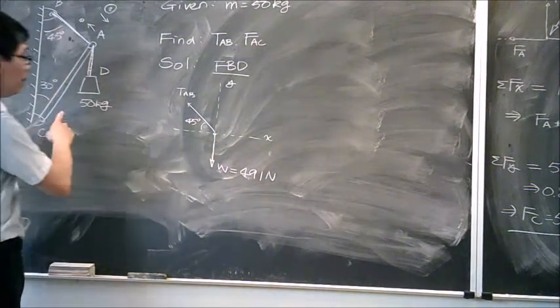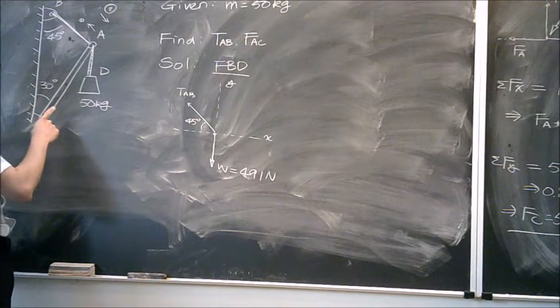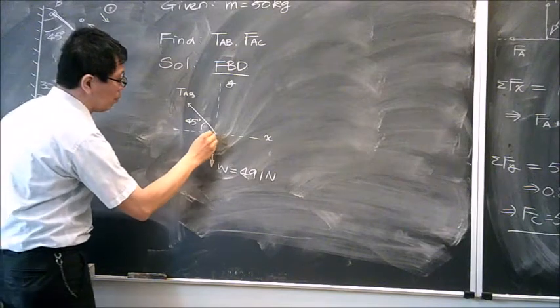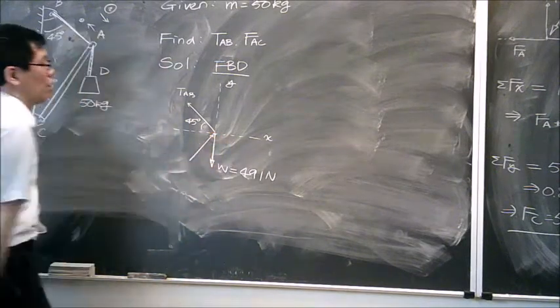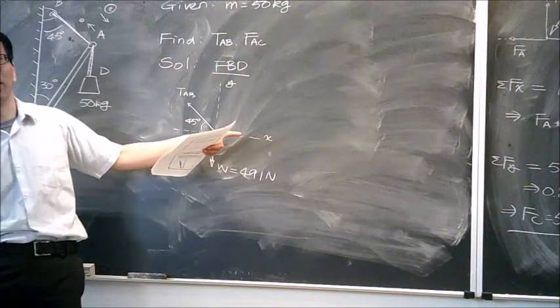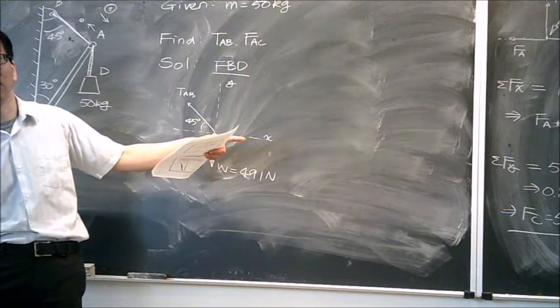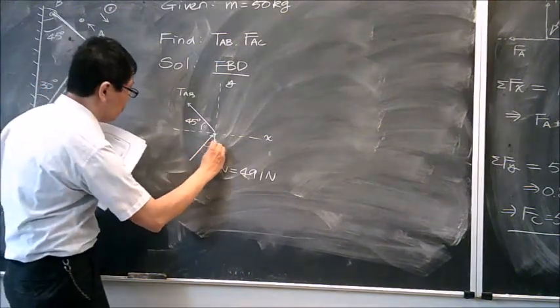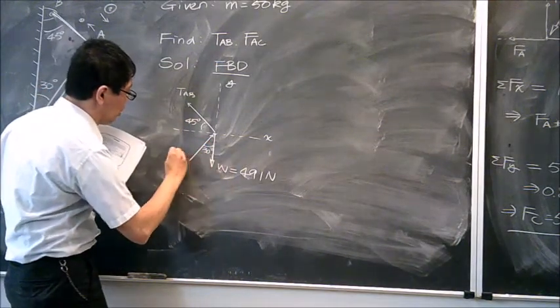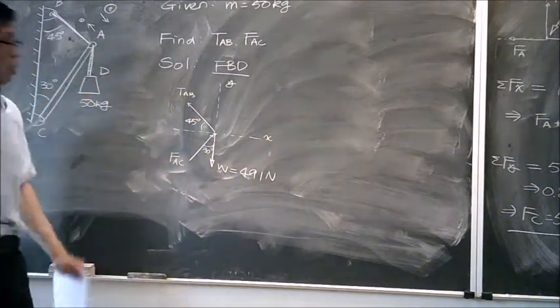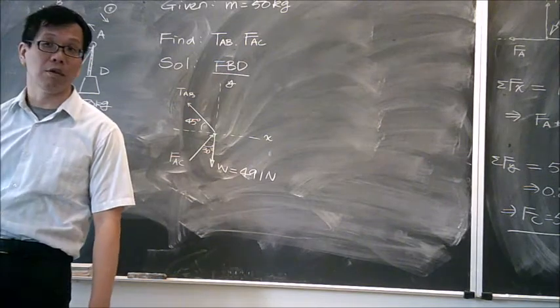So the boom is supporting everything and preventing everything from moving, which means the boom is going to have a force that supports everything and keeps everything from moving. So with that said, this is going to be 30 degrees, and this is going to be FAC. So far, does everybody understand the free body diagram? Any questions?